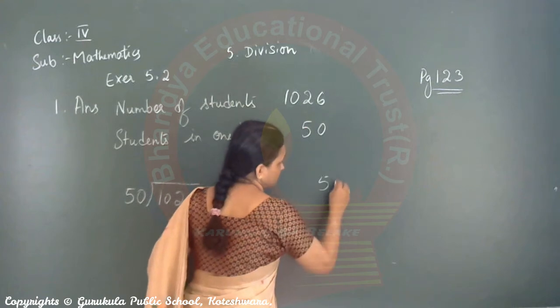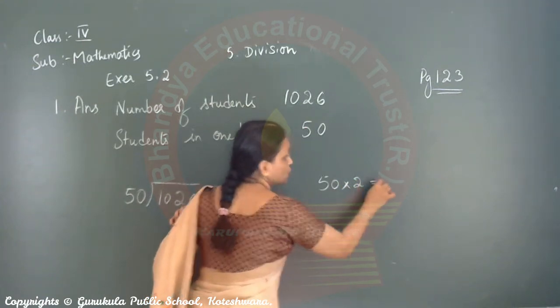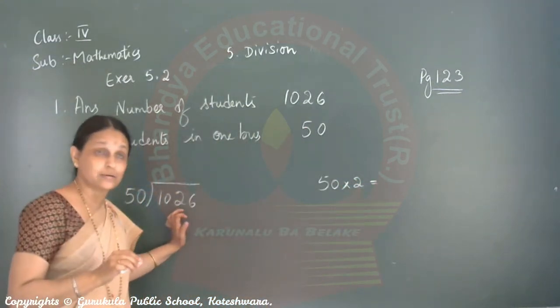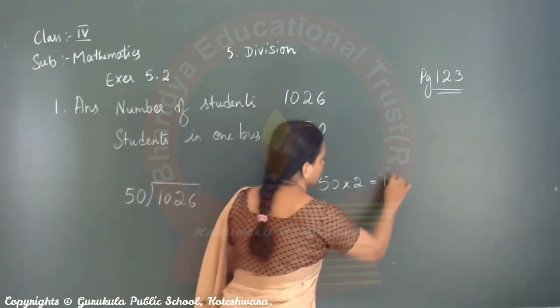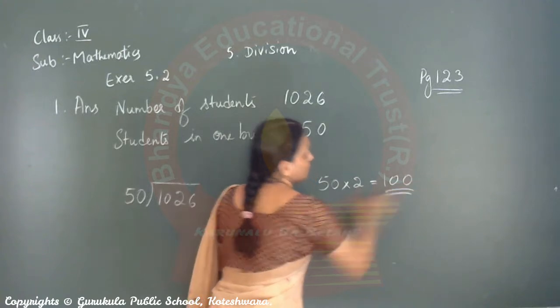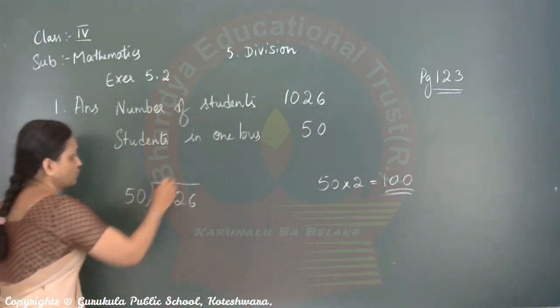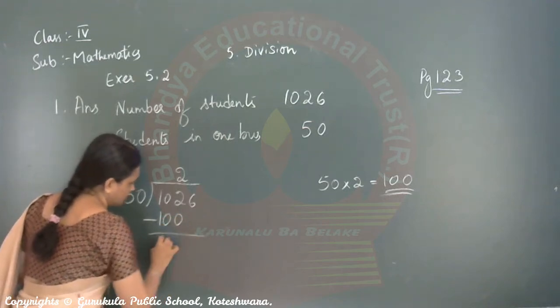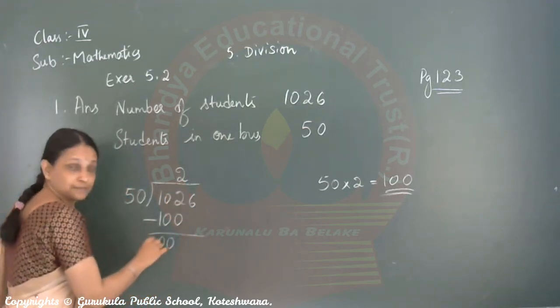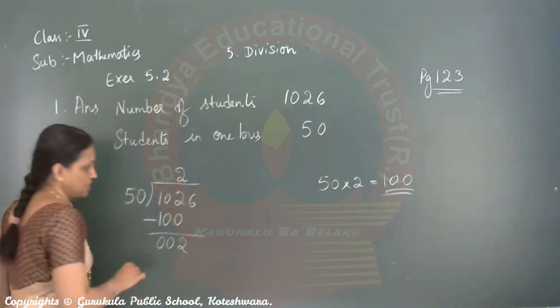See, just see 52. How did I tell you to multiply? I hope you remember. 5 2s are. Close the 0. 5 2s are 10. Put this 0. So it is 100. So 50 2s are 100. And 2 is remaining here.